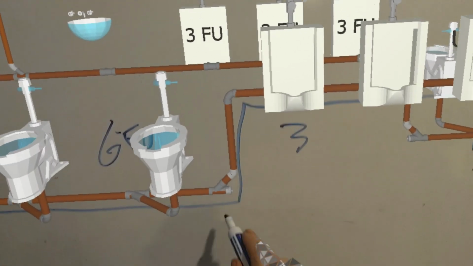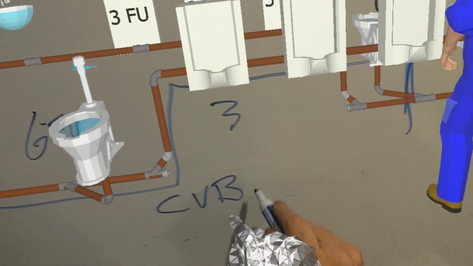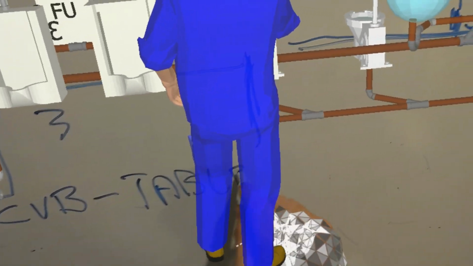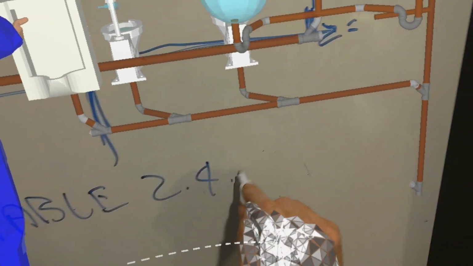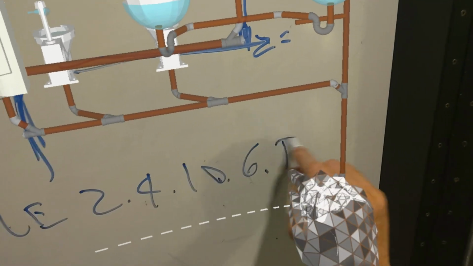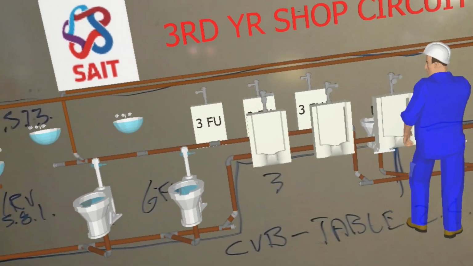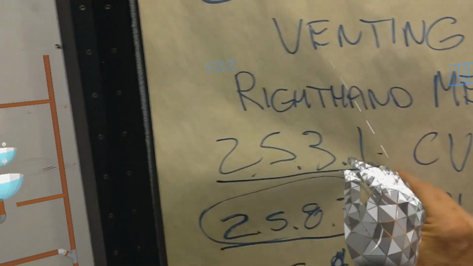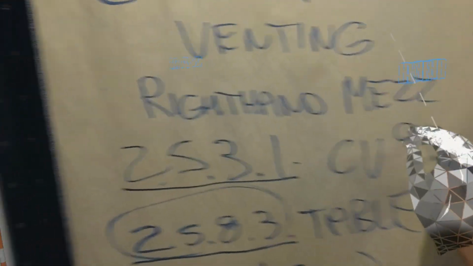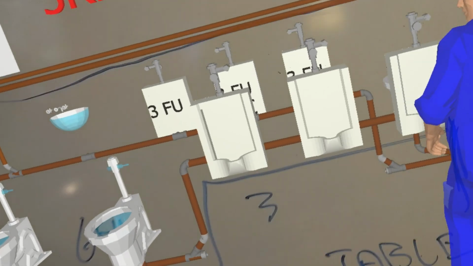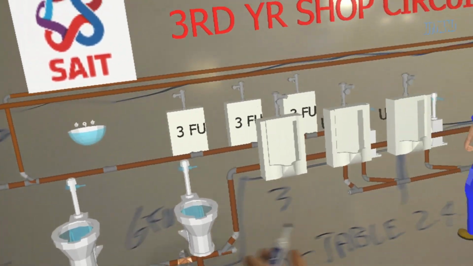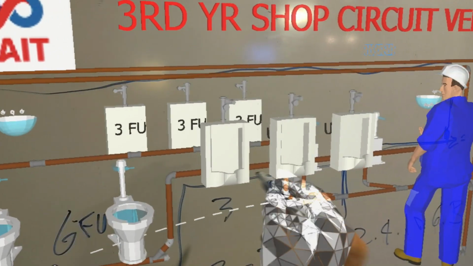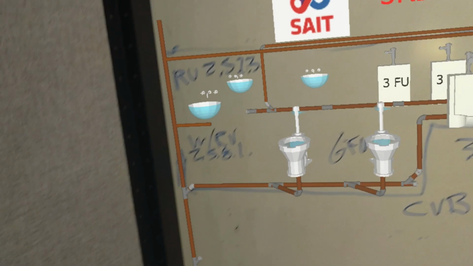And so in between here, this whole pipe right here that zigzags and goes up right to this urinal, that is all the circuit vented branch, sized by table 2410 6B originally, and ultimately sized, in circuit venting under 2531, by 2531 9B, which is the shortcut table, meaning that all circuit vented branches have a minimum size of 3-inch when you have 3-inch and 2-inch circuit vented branch or trap arms tied to it.